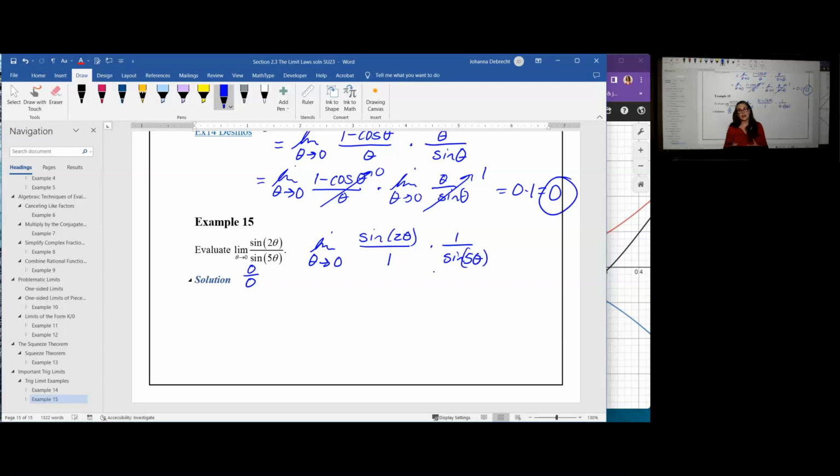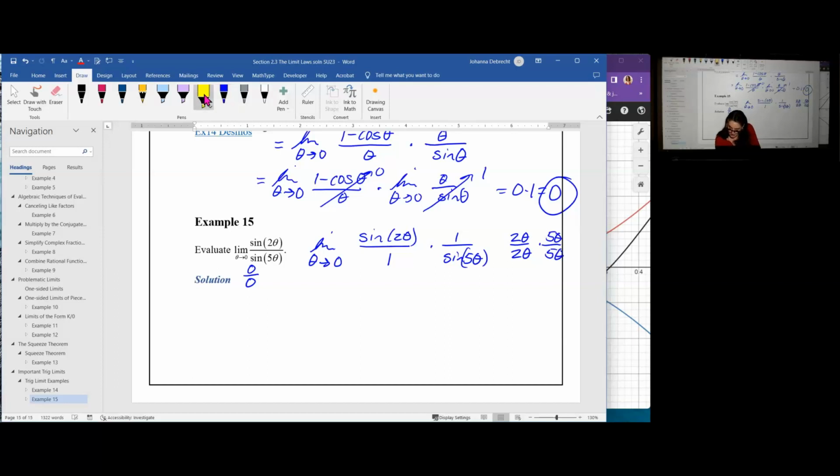Now, I can't quite do what I did last time because the arguments don't match. In order to apply the rule, I have to have 2 theta here and 5 theta here. But I can multiply by 1 in the form of 2 theta over 2 theta and 5 theta over 5 theta.